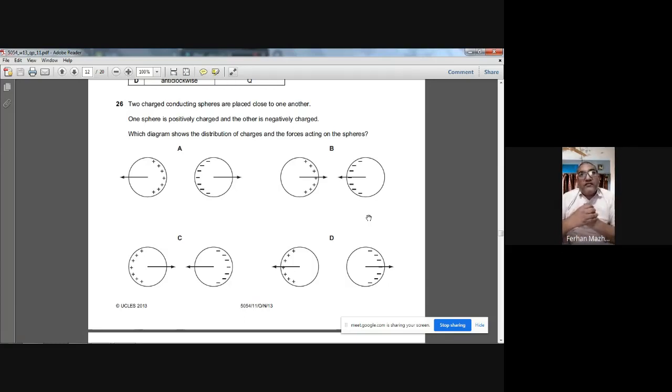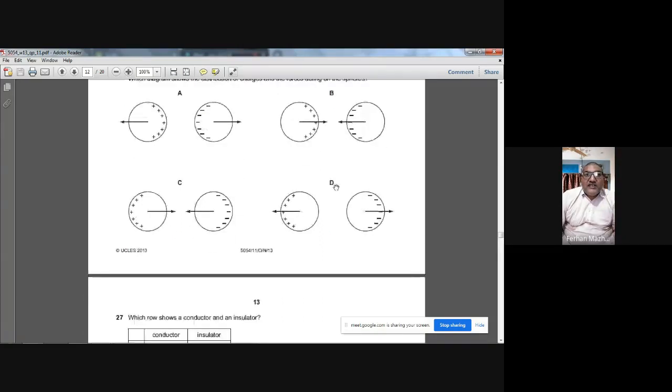It is either B or C. There should be a force of attraction between them, so the charges should not be on the opposite sides. They should be on the sides facing each other. So option B looks the best, because they are unlike charges and should be near each other.